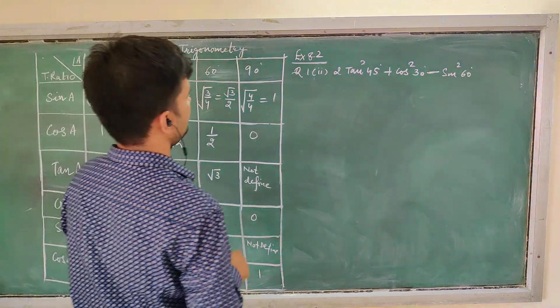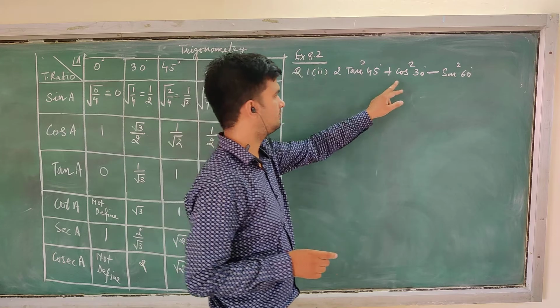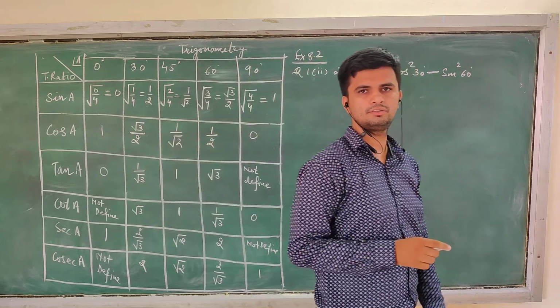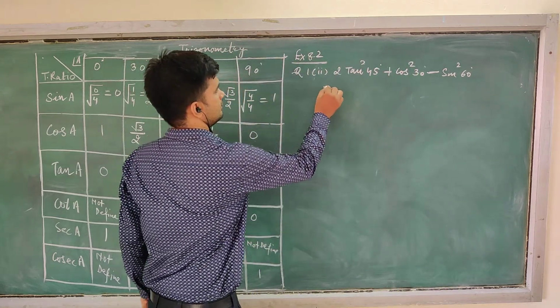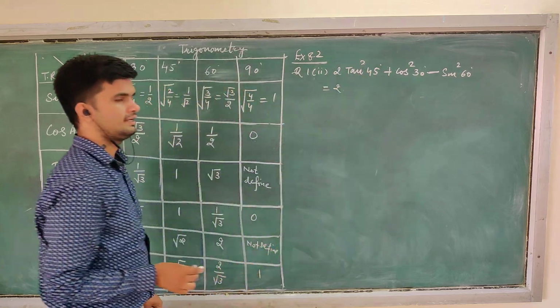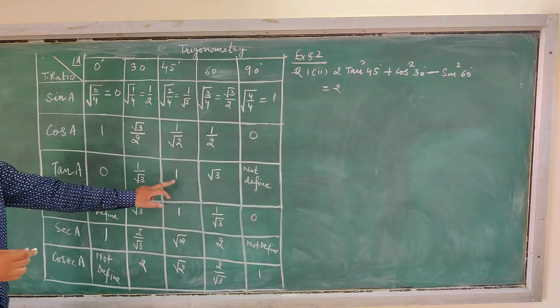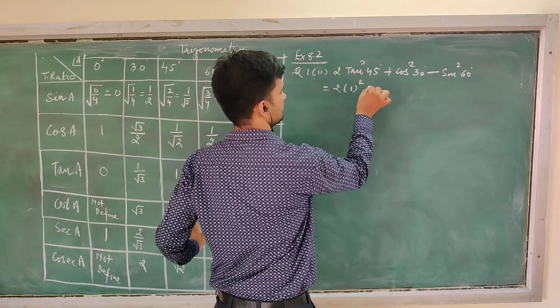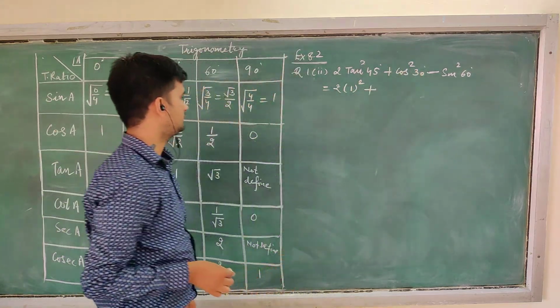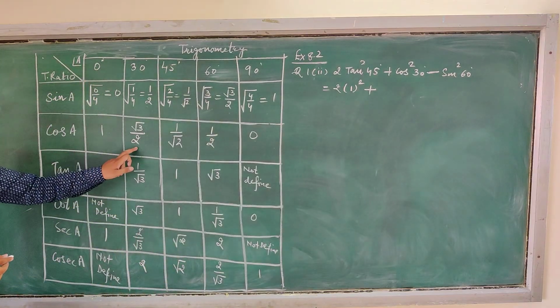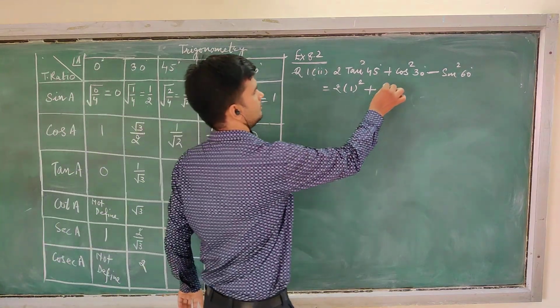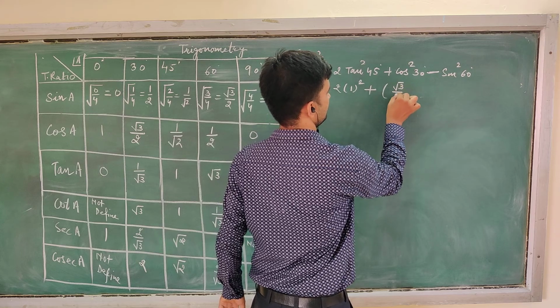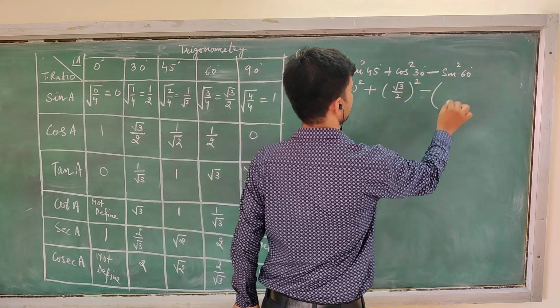Now in second part, evaluate 2 tan square 45 plus cos square 30 minus sin square 60. Now 2 tan square 45, see value of tan 45, it is equal to 1. So tan square 45 means 1 square. Cos square 30, now see cos 30 is root 3 by 2, square of it.